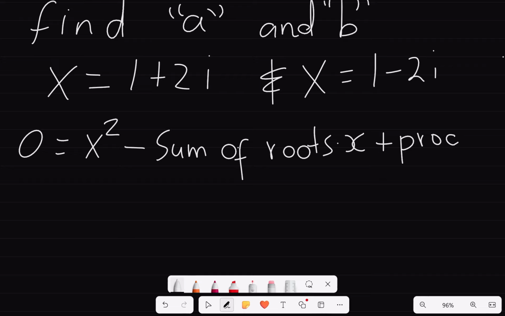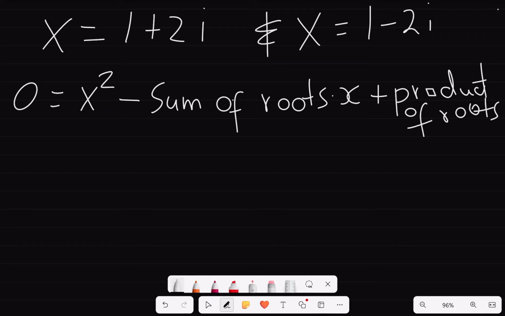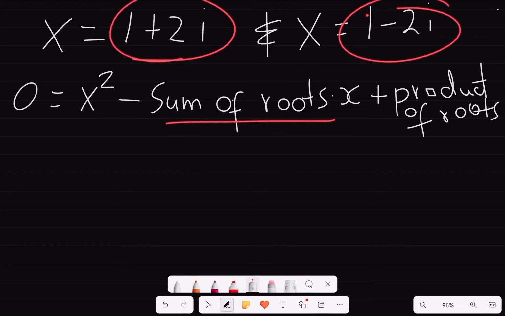So this is the important formula to get the quadratic equation. So now let's sum the roots and see. Basically I need to add the first root and the second root.